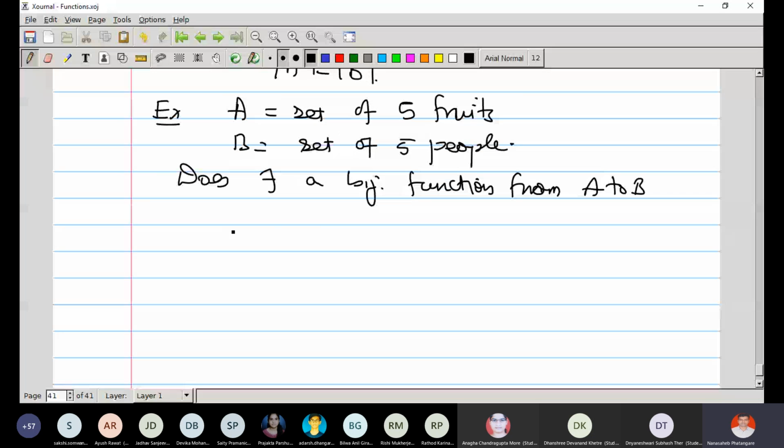Suppose I have five fruits. A is A1, A2, A3, A4, A5, and B is a set of five persons, P1, P2, P3, P4, and P5. These are names of these people. So I can define a bijective function, and there are many. How many bijective functions are there from A to B?